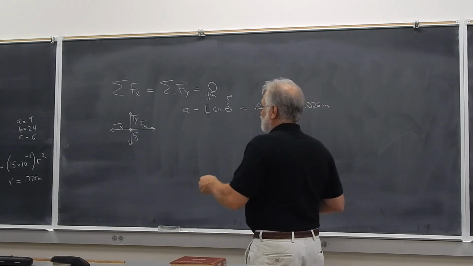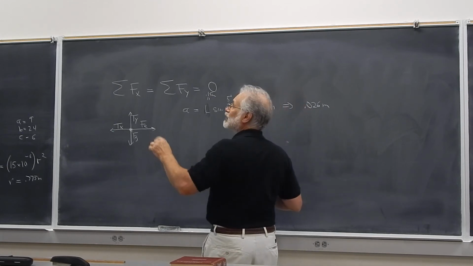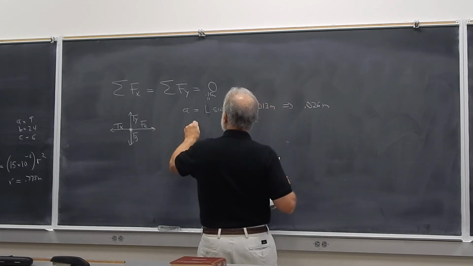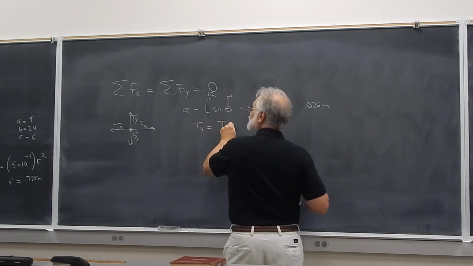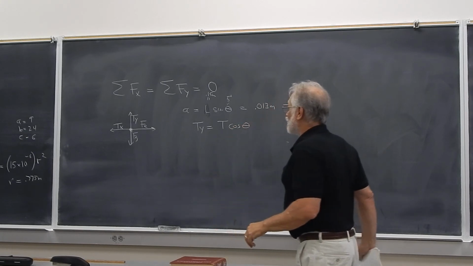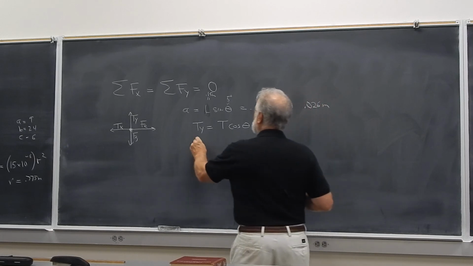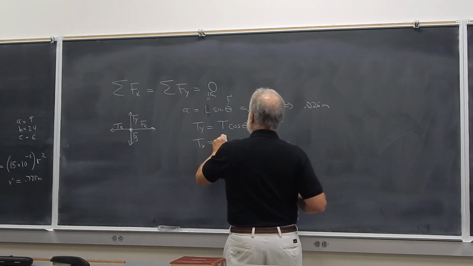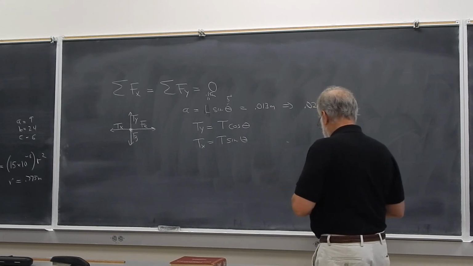Let's look at the forces in the y direction. With respect to angle theta, I can write the tension in the y direction as T times the cosine of theta. Notice y corresponds to cosine and not sine in this case. Tx would be T sine theta with respect to that angle.